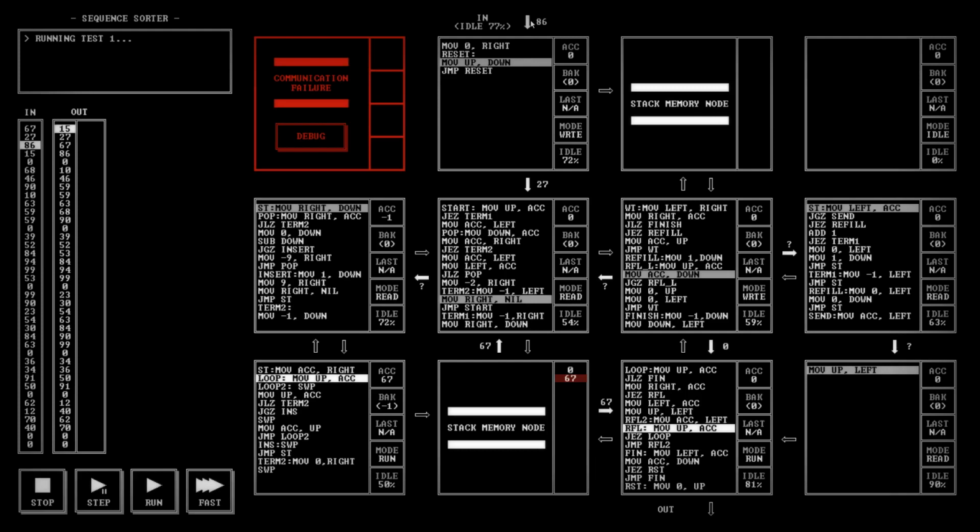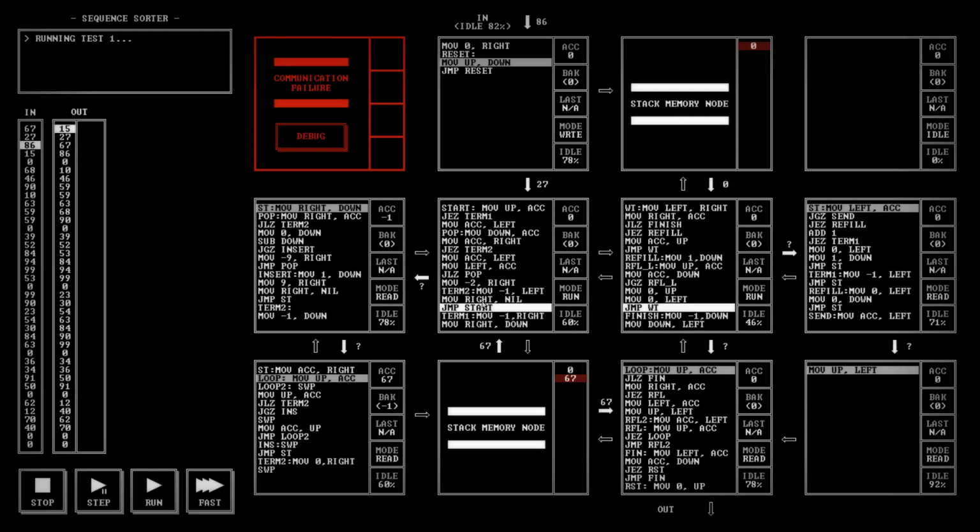I have pulled a 67 off of there, done no actual comparing because you reached the bottom of the stack, then I stored it there. So, a 27 wants to come in. However, I'm in a refill loop over here. On the next iteration, I'll talk about, actually no, the one after that, I'll talk about how refill works. So just know that these two are doing some refilling until they hit the 0.